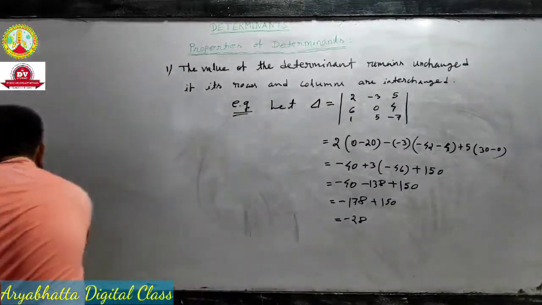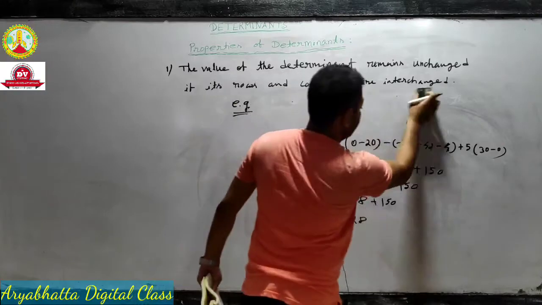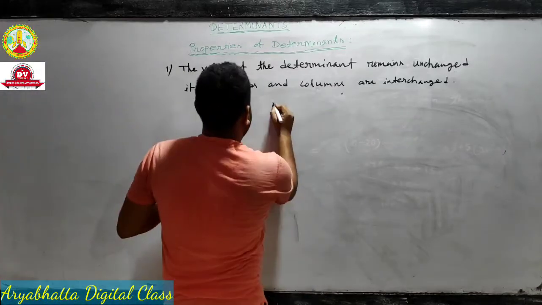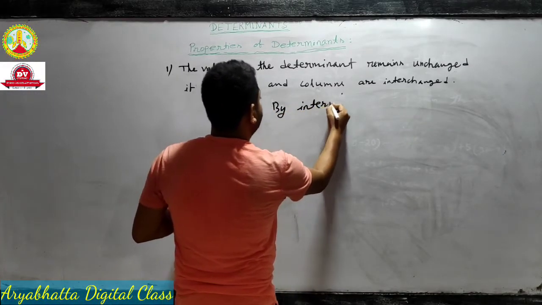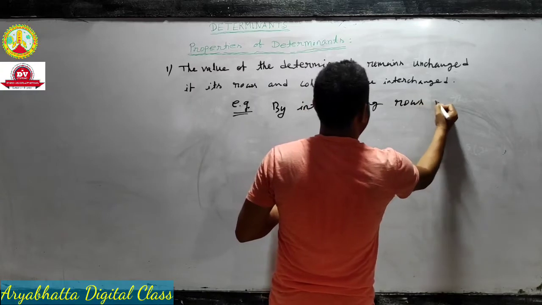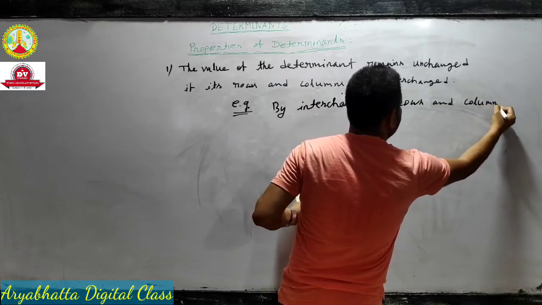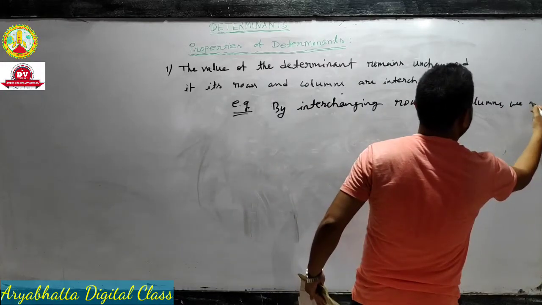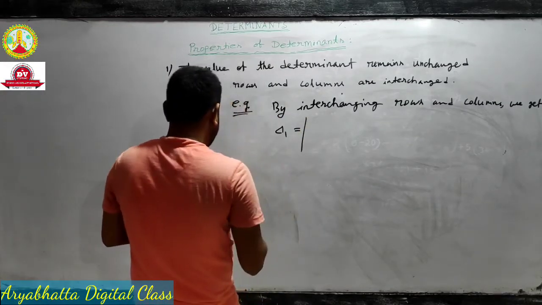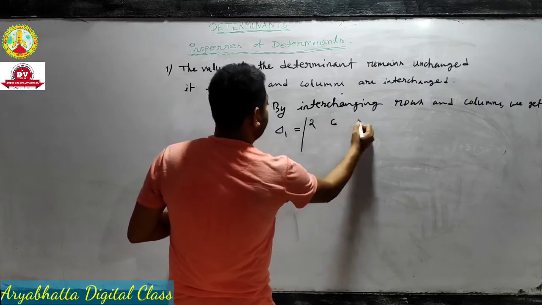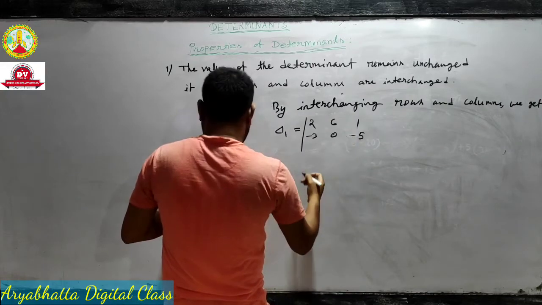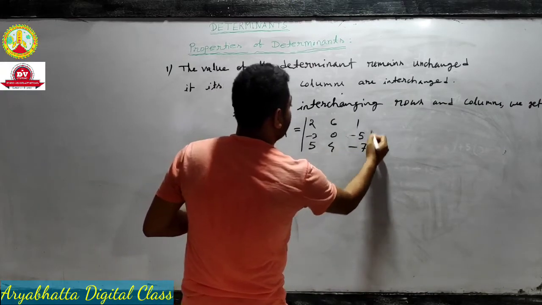Now, by interchanging rows and columns, we get delta 1: rows 2, 6, 1; minus 3, 0, 5; 5, 4, minus 7.